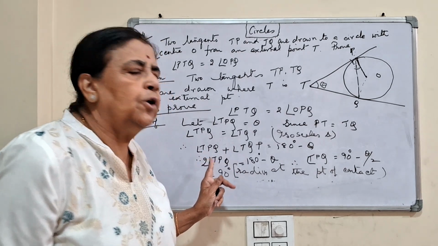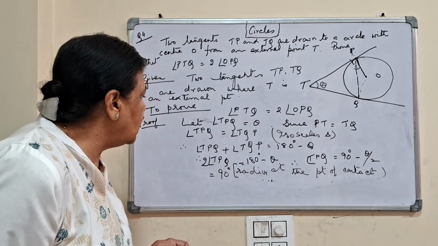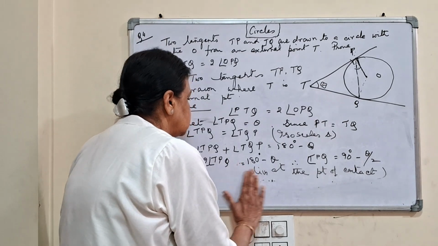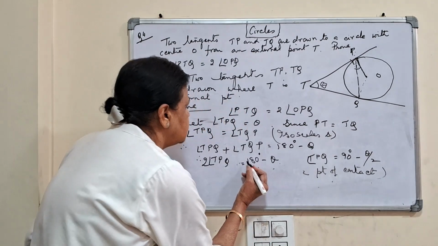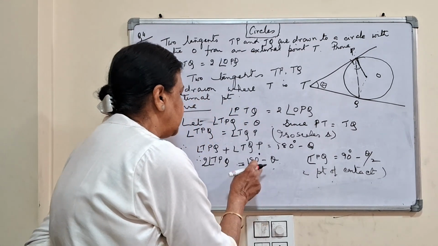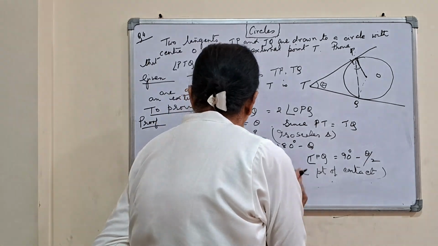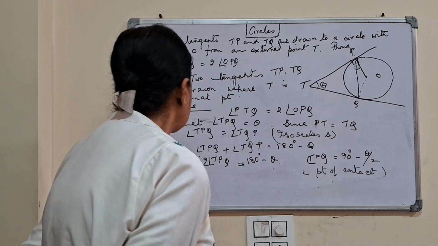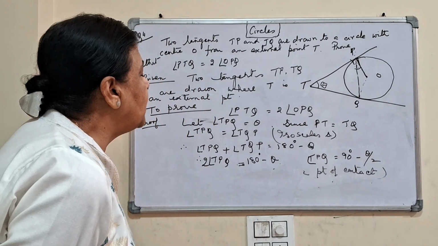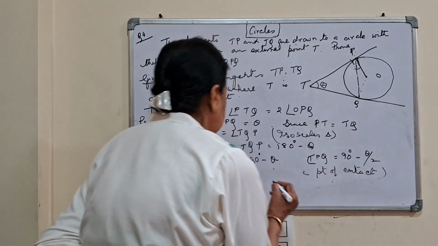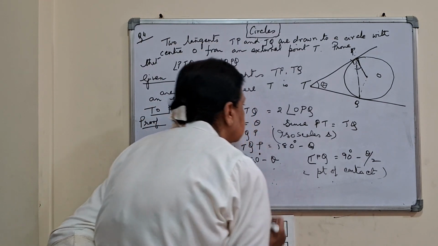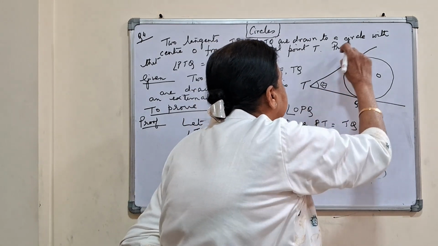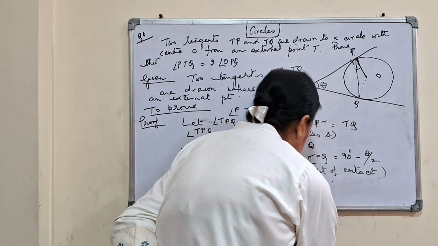So twice angle TPQ is 180 minus theta, and dividing by 2, TPQ is equal to 90 minus theta by 2. Therefore, angle TPQ, this is TPQ.